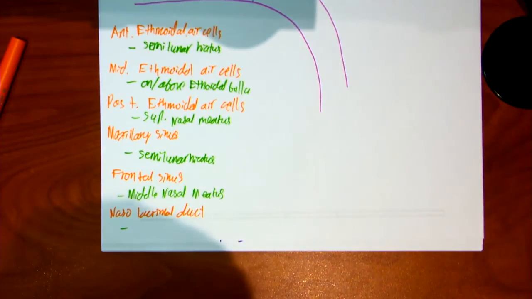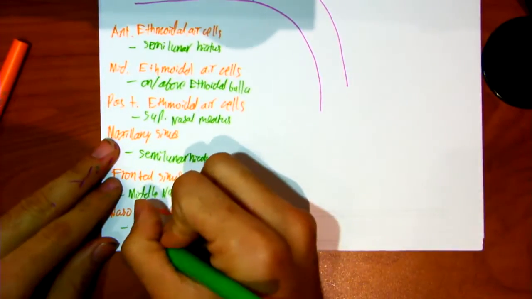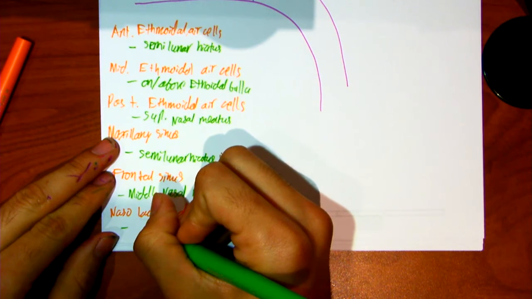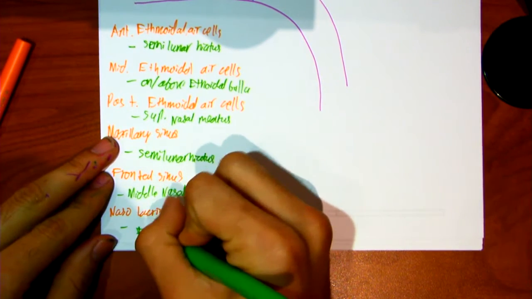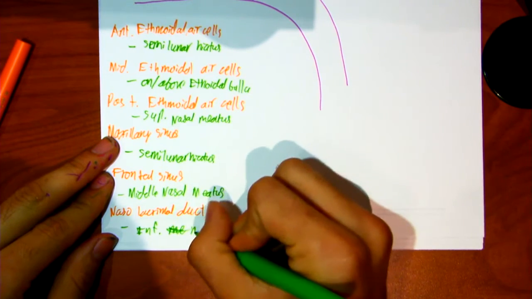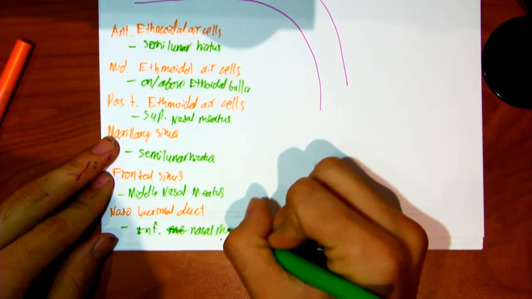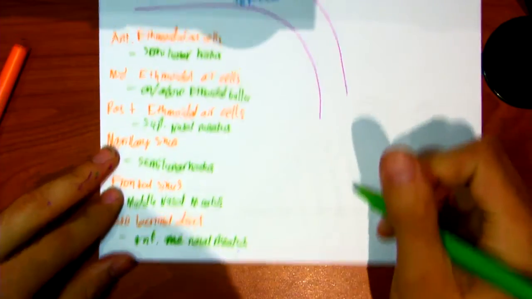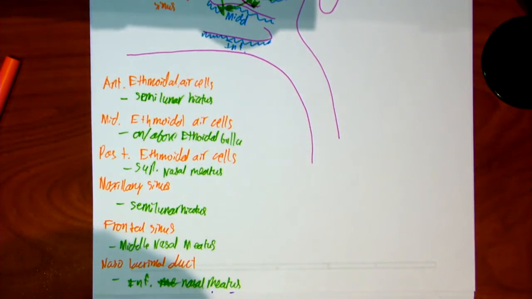So nasolacrimal duct drains into where? Awesome. Into the inferior nasal meatus. Good.